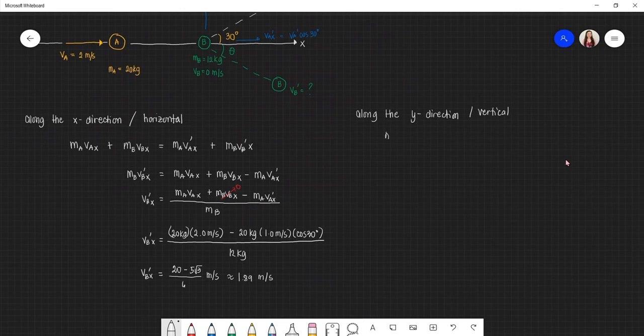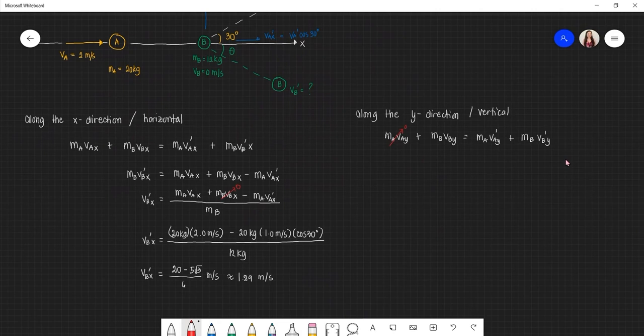So MA VAY plus MB VBY equals MA VA prime Y plus MB VB prime Y. But since ball A is initially moving only along the horizontal, we can make MA VAY 0.